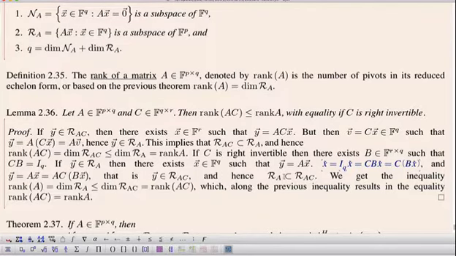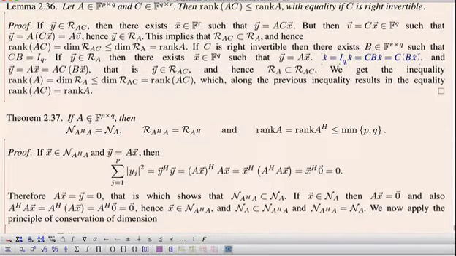And that means that the range of A is also a subset of the range of AC. So we get the opposite inequality, that the rank of A, which is the dimension of the range of A, is less than or equal to the dimension of the range of AC, which is the rank of AC. And then this, with the previous direction of the inequality, gives us the equality that the rank of AC must be equal to the rank of A.